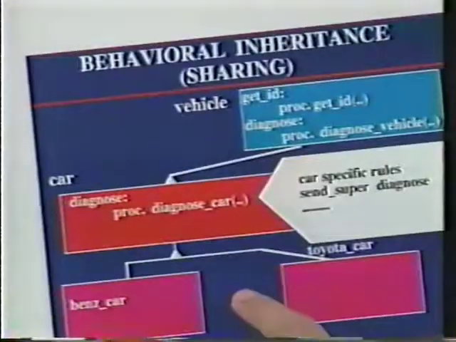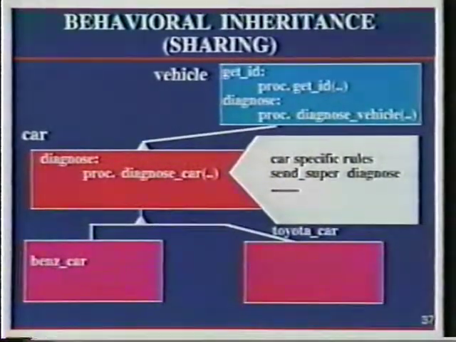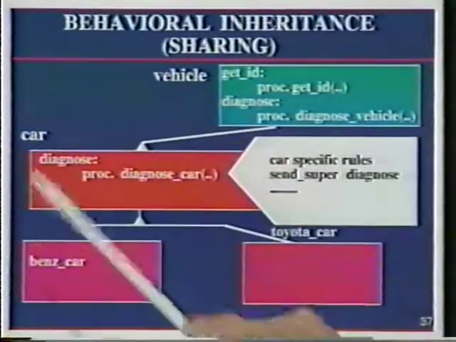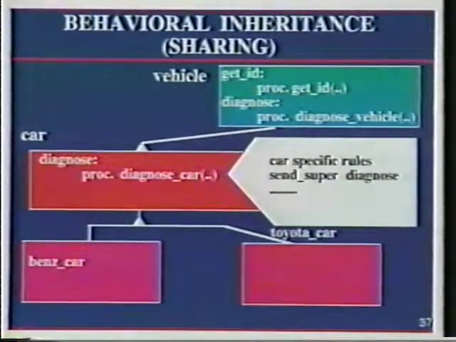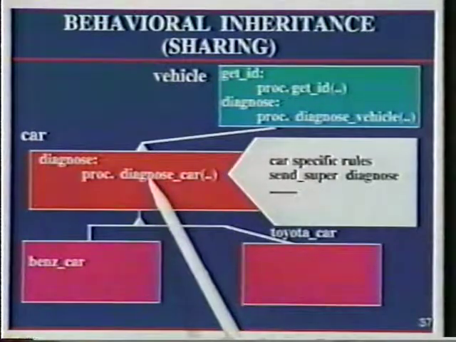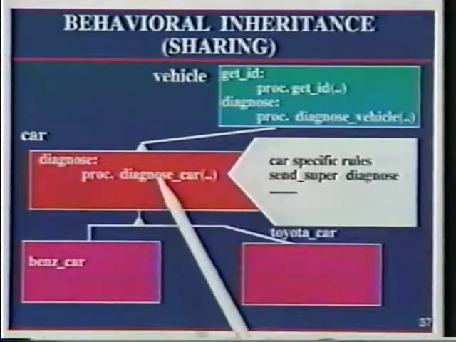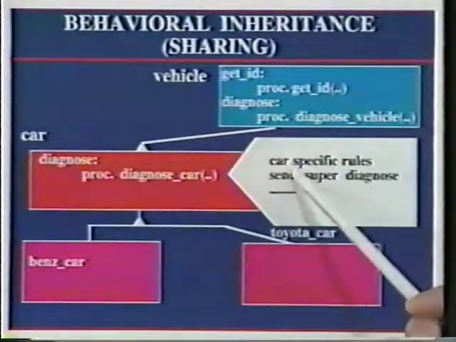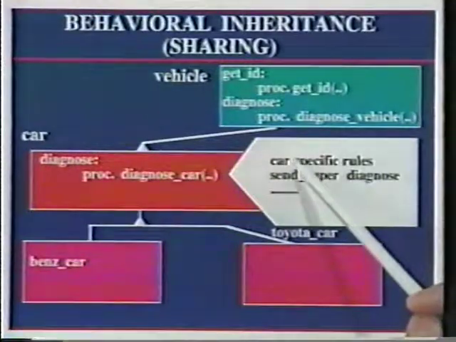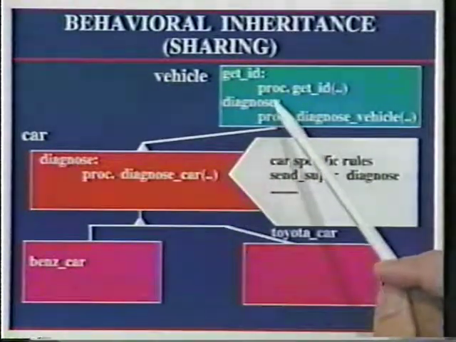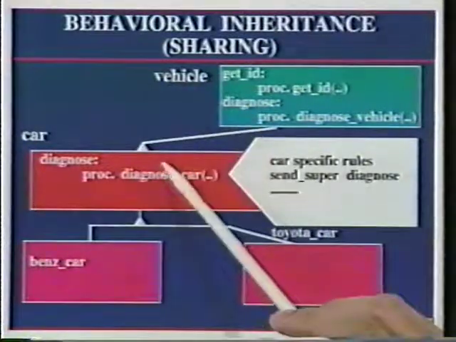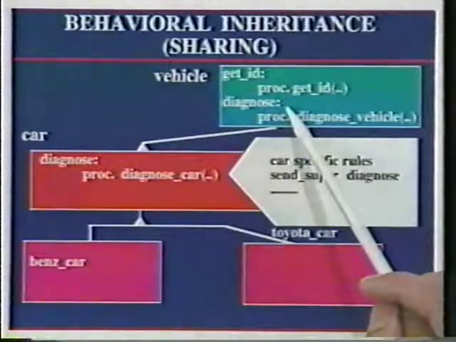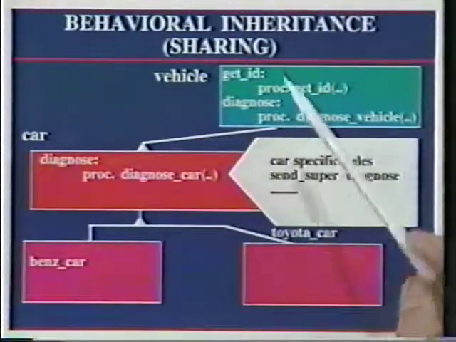So the way this is implemented is through this process called behavior sharing, where now if I send a message called diagnose to car, the procedure diagnose gets invoked, and the procedure diagnose is a knowledge based expert system, except that it is divided into several areas where I can have car specific rules, and there are rules which are common to cars, trucks and so on, which in the vehicle case are encoded in the vehicle class.